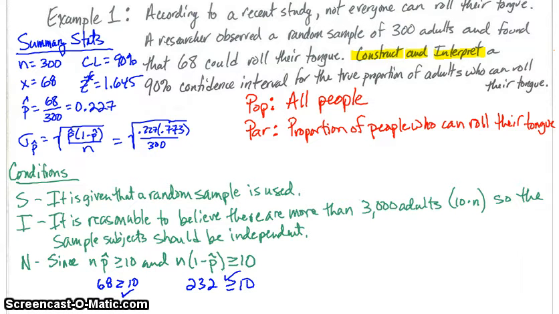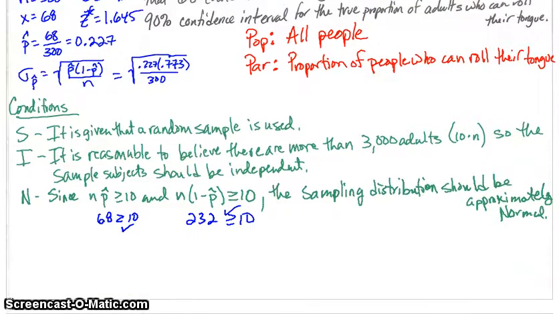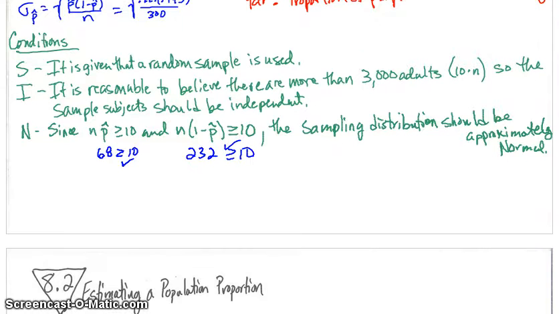So therefore, the sampling distribution should be approximately normal. Now, since my conditions have been met, we are going to write a continuation statement.